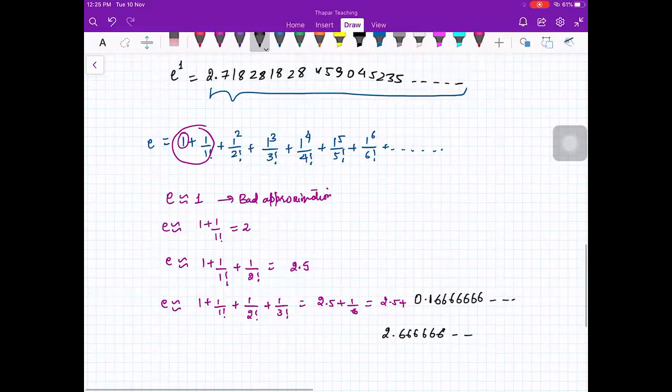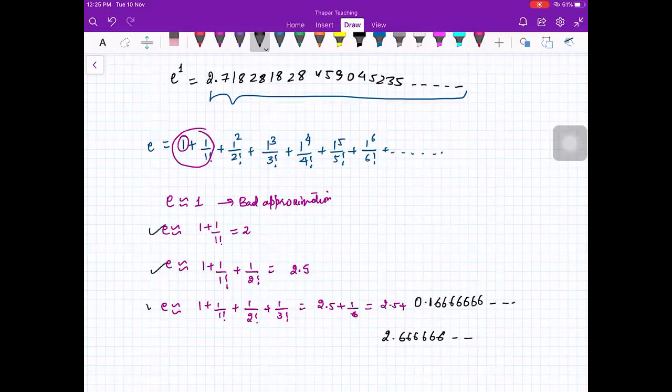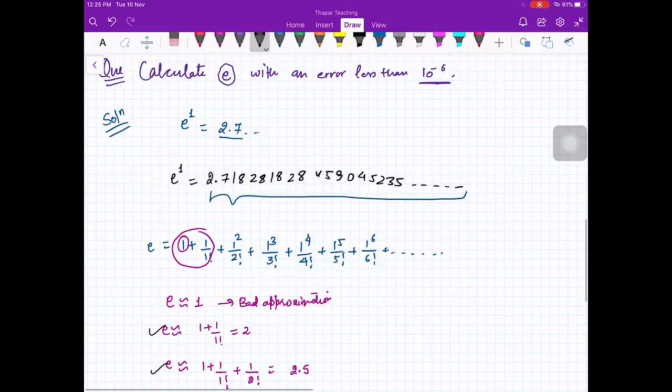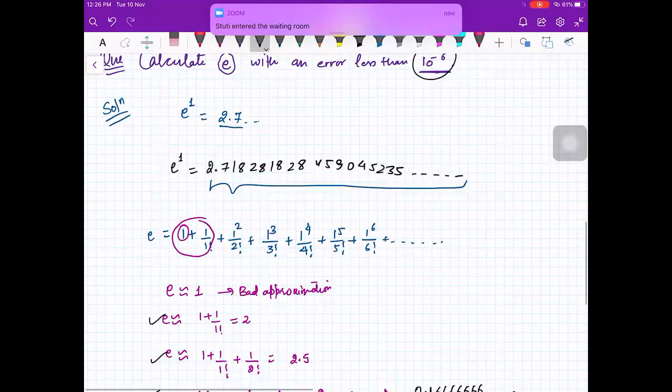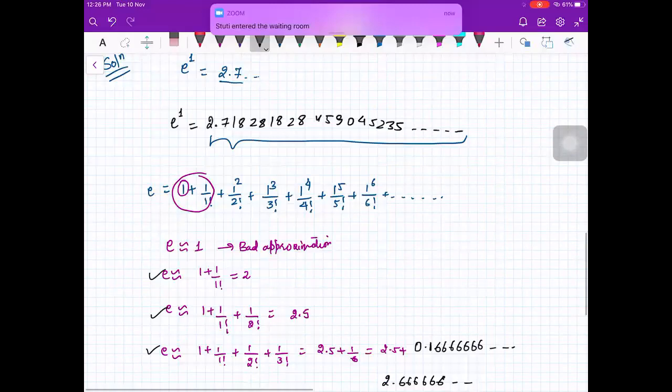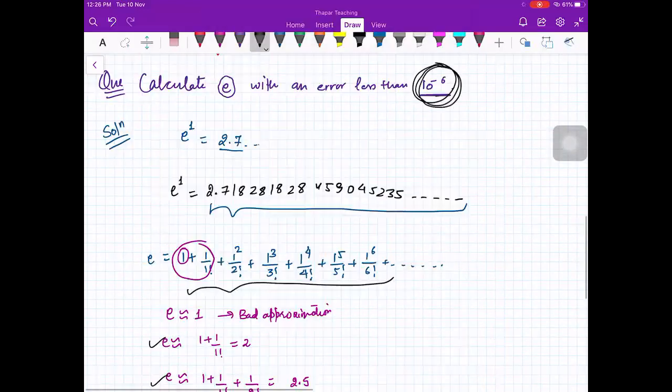Now obviously we will not do these calculations every time to see how many terms I need so that my error is less than 10 to the minus 6. So the question is that you have to tell how many terms you will add so that your error is less than 10 to the minus 6. Question is clear?